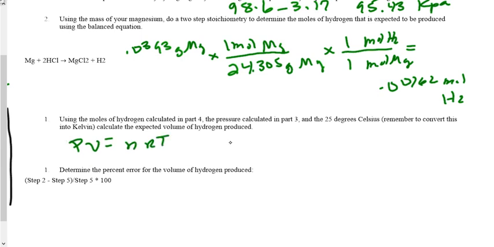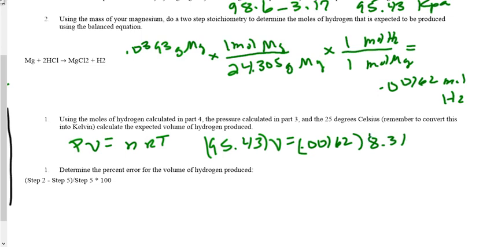Our pressure we calculated to be 95.43. Volume, we're trying to figure that out. Equals n, which we just found, 0.00162. Our R constant, since we're in kilopascals, is 8.31. And our temperature is 25 Celsius or 298 Kelvin.